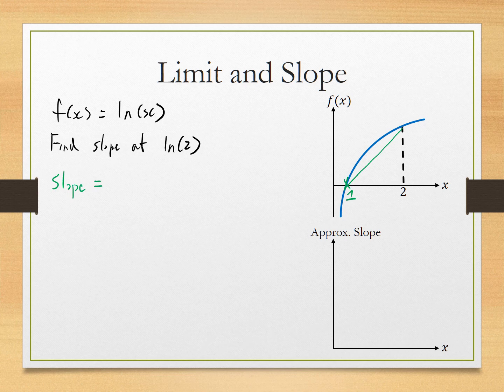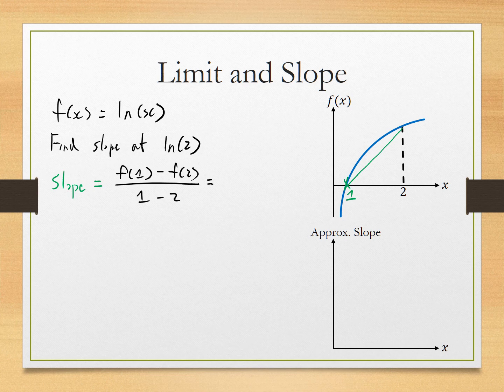So what would the slope be in this case? Two-point formula, F1 minus F2 over 1 minus 2. And for log, you do have to punch the calculator.